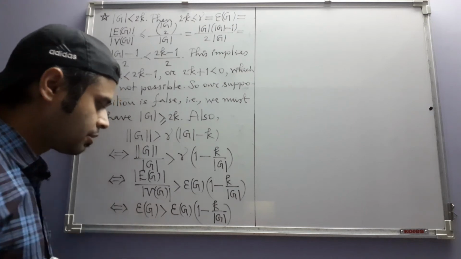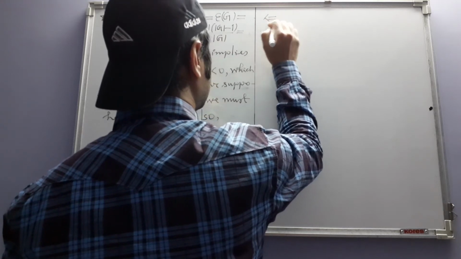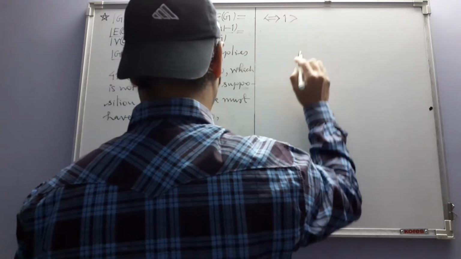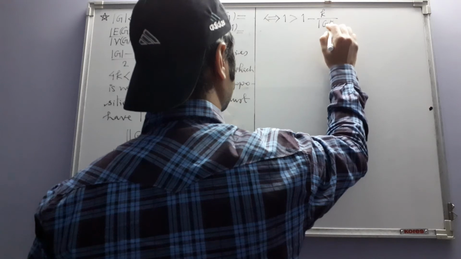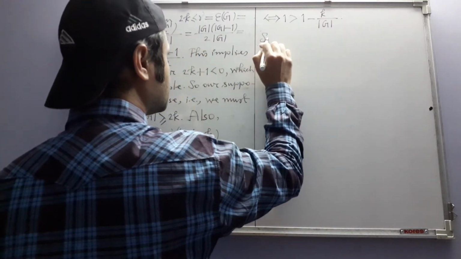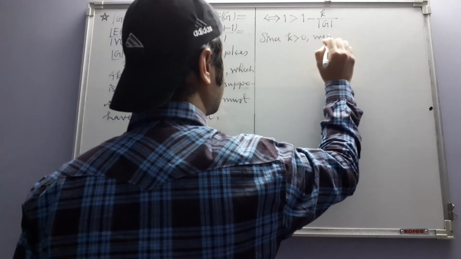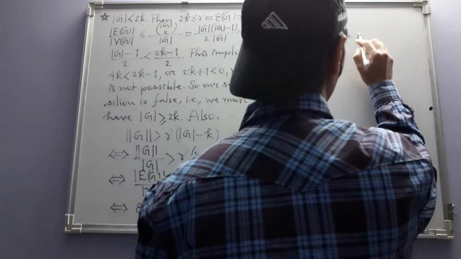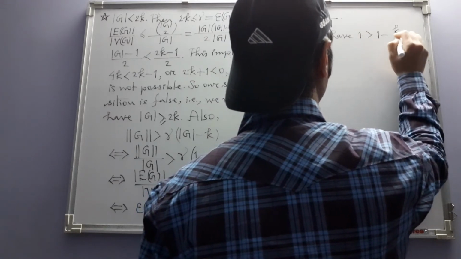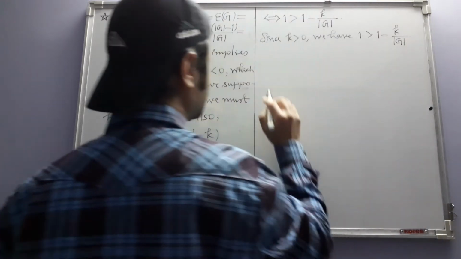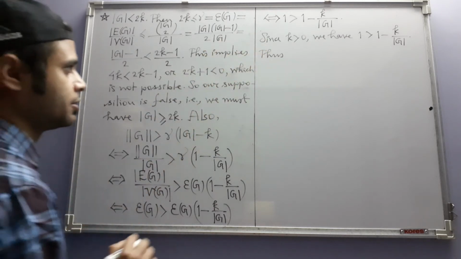And because epsilon of G is a positive real number, since k is positive, we have 1 greater than 1 minus k divided by order of G. Thus, these two inequalities are equivalent.